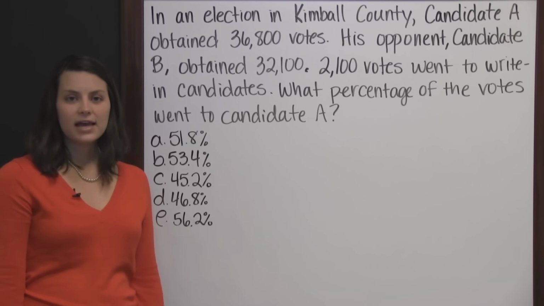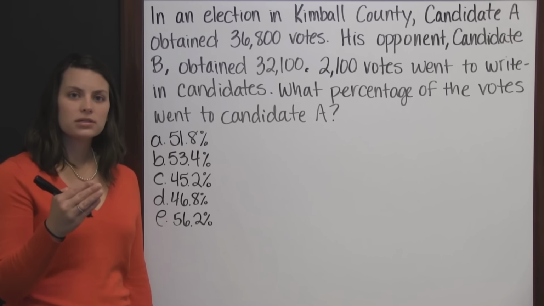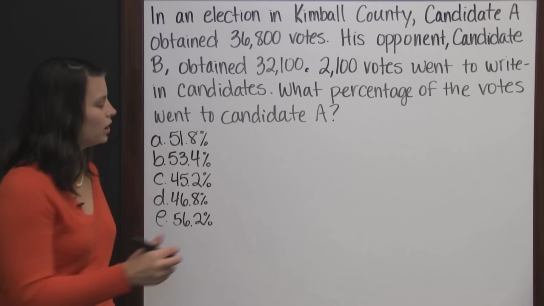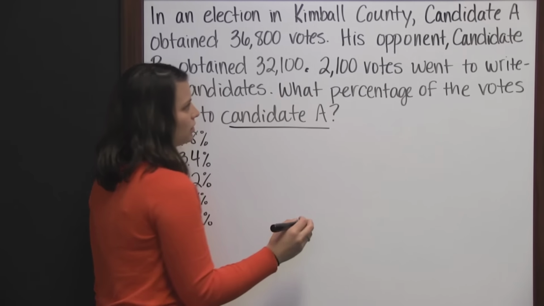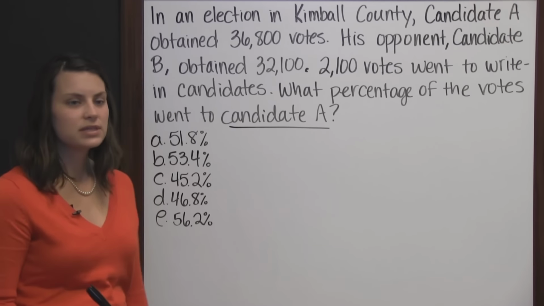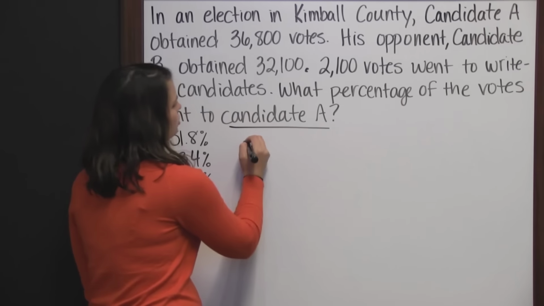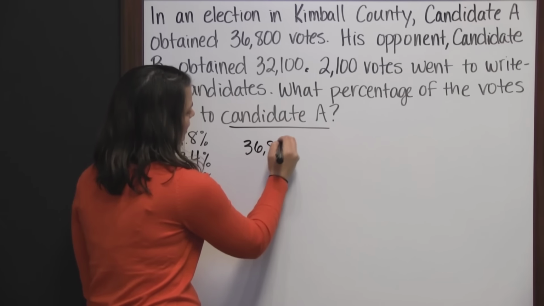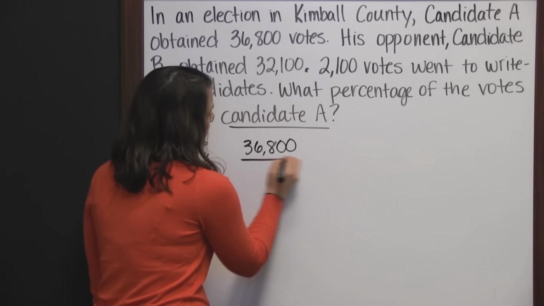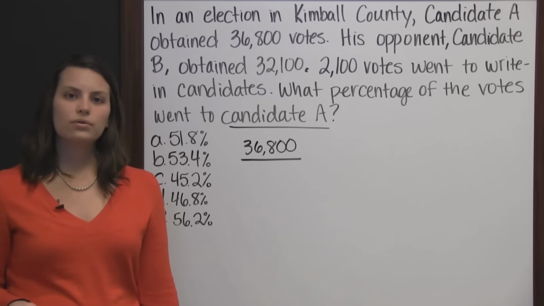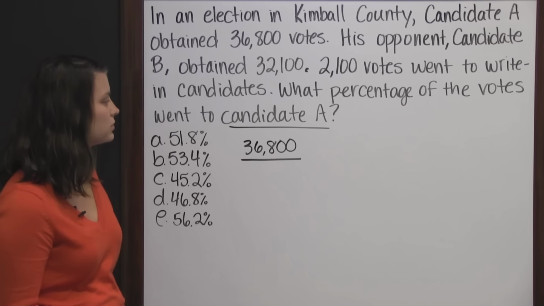To find a percent, we need the part over the whole. And we know the part is the number of votes candidate A received, which is 36,800. What I need to know is the whole, or the total number of votes.